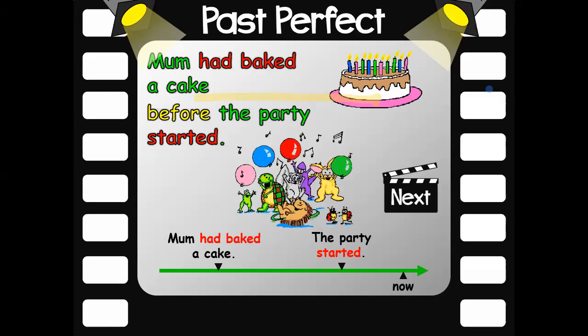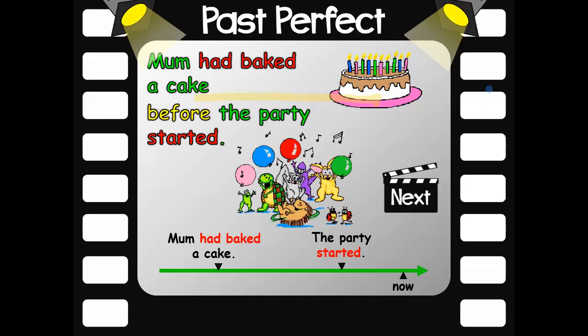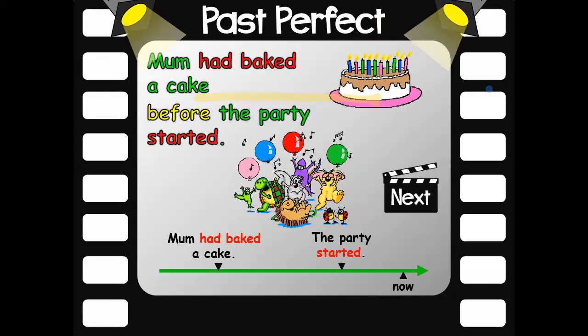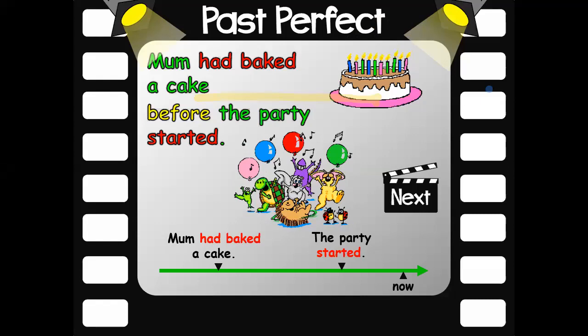After my mom had baked the cake, the party started. Excellent. So after here we use past perfect, action number 1 after the word after.